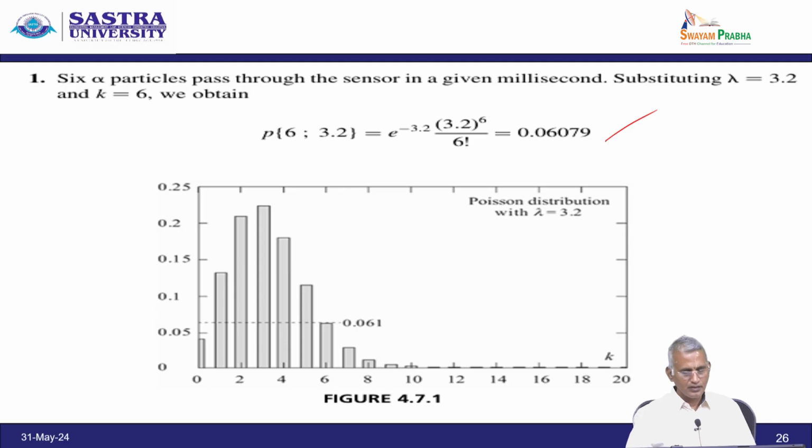Therefore, the value is 0.061, calculated like this. Based on that, we can identify the probability.